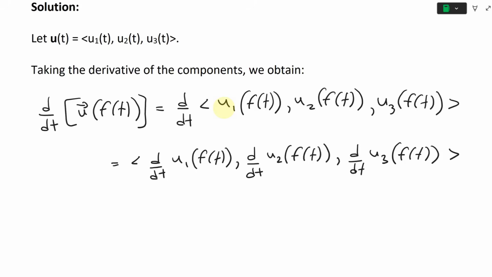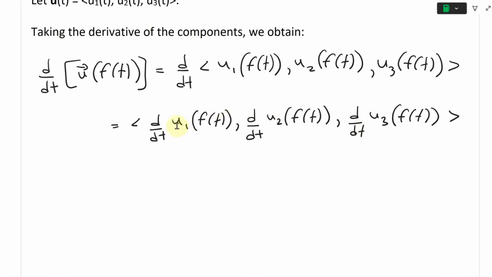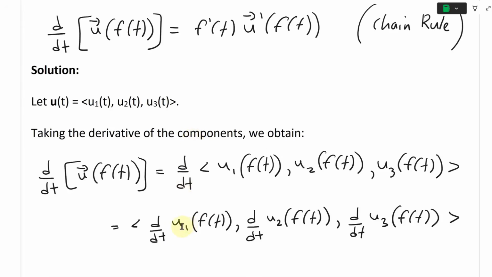And now we just have a basic chain rule. Each component is a regular real valued function, not a vector function.